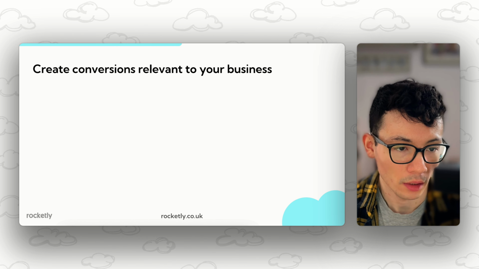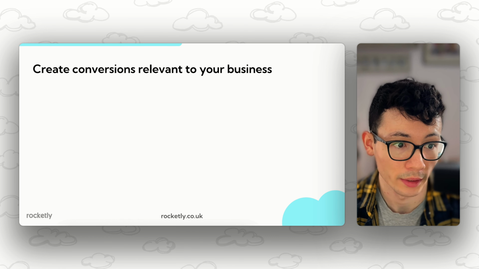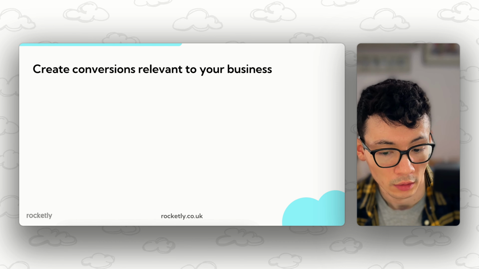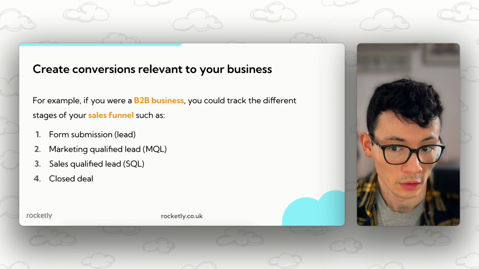When it comes to conversion actions for your own business, you should always create goals relevant to your business and track data that's going to help improve your campaign performance. Let's take a B2B business, for example. You might want to track the different stages of your sales funnel.